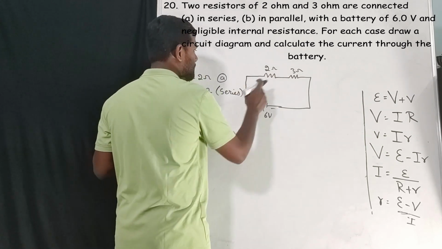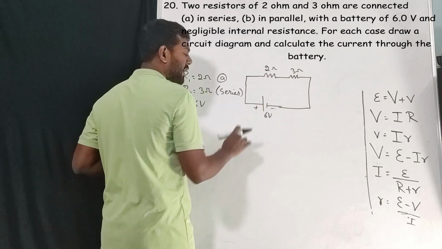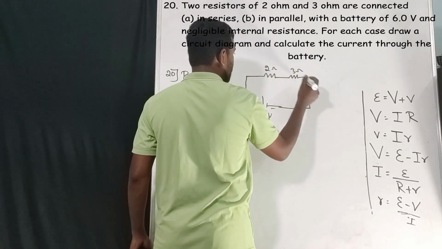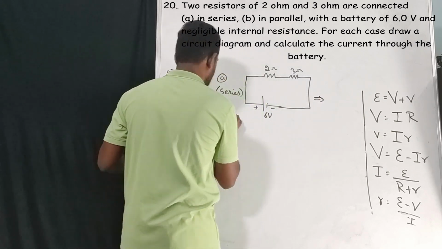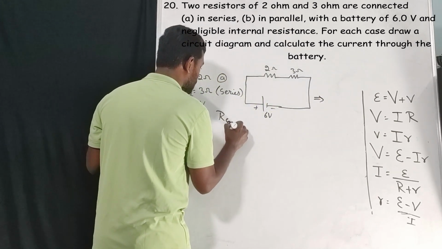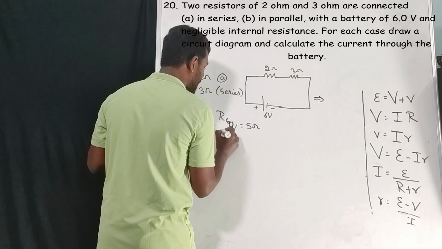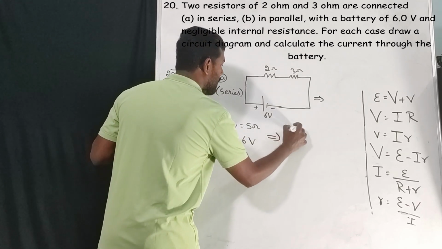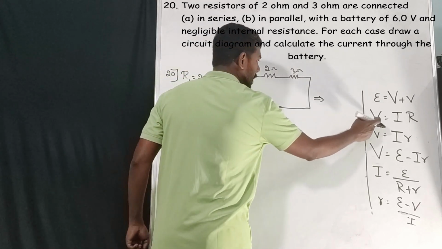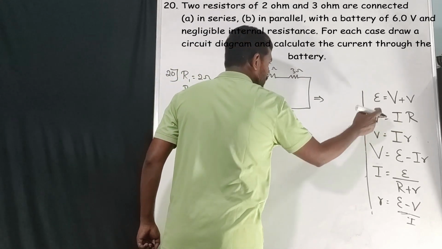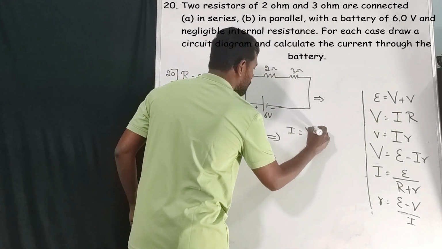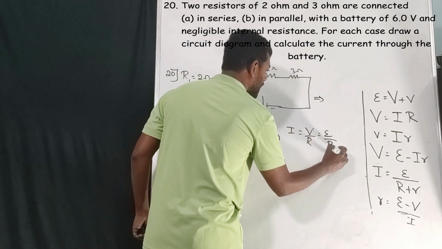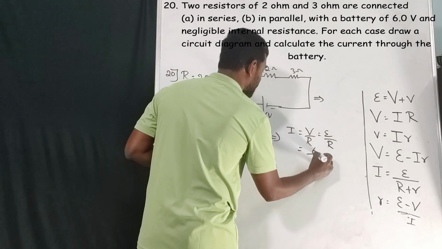Here these two are in series, so we can add them. So this becomes the equivalent resistance. Here equivalent resistance will become 5 ohm and the EMF is equal to 6 volts. So current, according to Ohm's law, I is equal to V divided by R. V is nothing but E here, so E divided by R, that is 6 by 5.